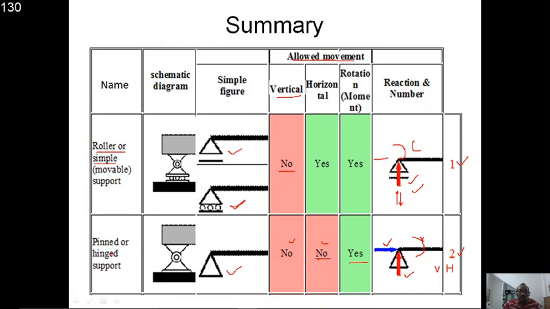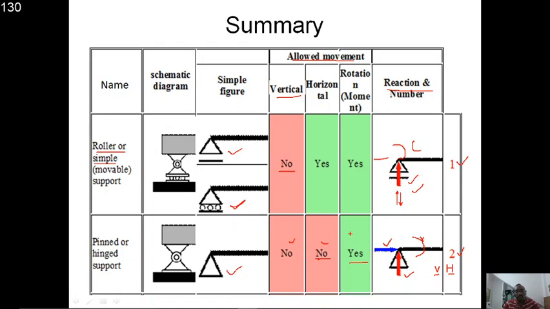Then we use the pinned or hinged joint. The number of reactions offered by the pinned or hinged joint is two: one vertical restraint and second one horizontal restraint. So the support cannot move in the vertical and horizontal directions, but it can rotate about the z axis. Remember, it can rotate about the z axis.